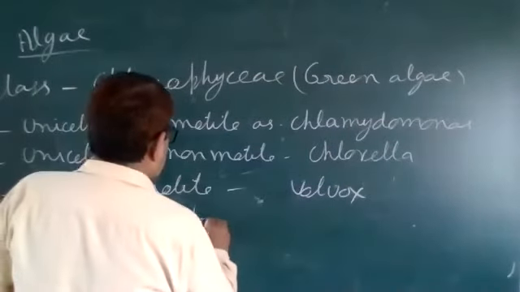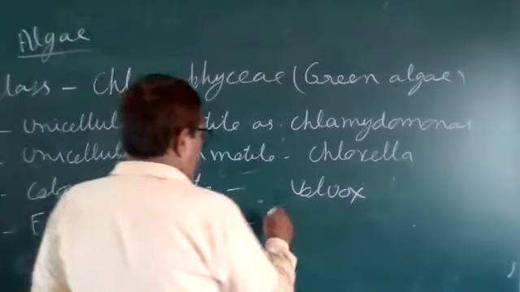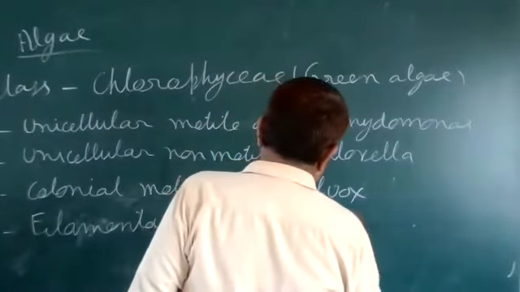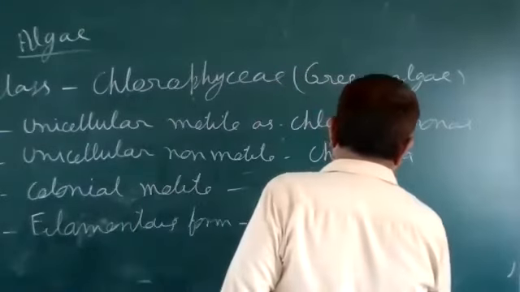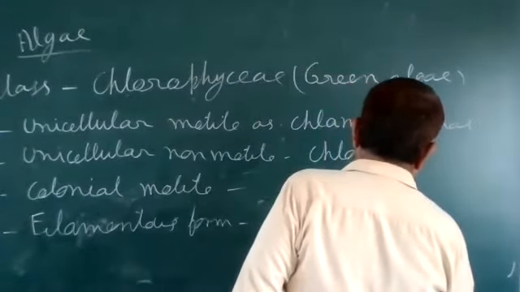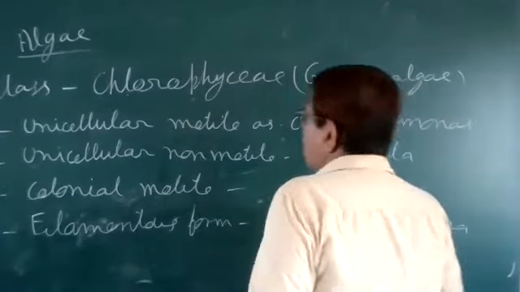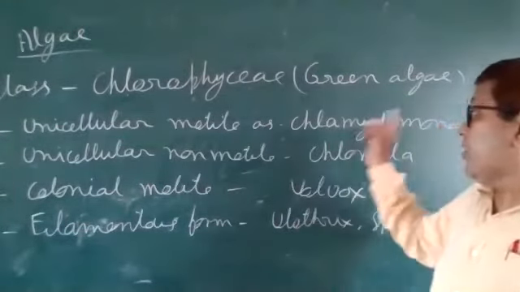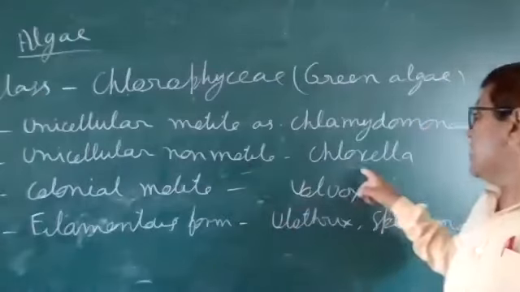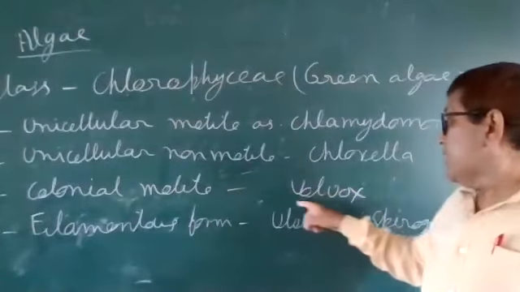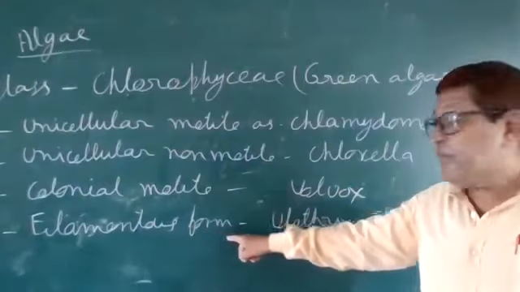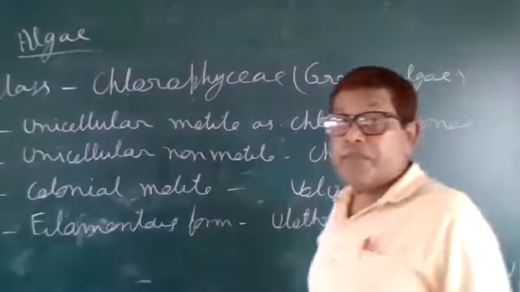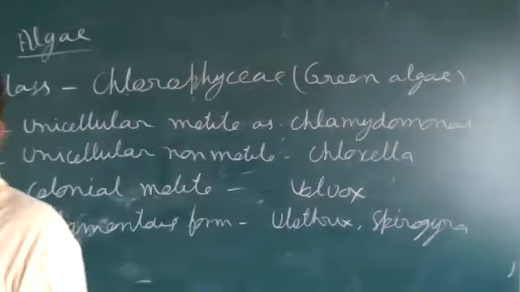Filamentous form: Ulothrix, Spirogyra. So these are different forms: unicellular motile as Chlamydomonas, unicellular non-motile as Chlorella, colonial motile that is Volvox, and the filamentous form that is Ulothrix and Spirogyra. These are the different forms of algae.